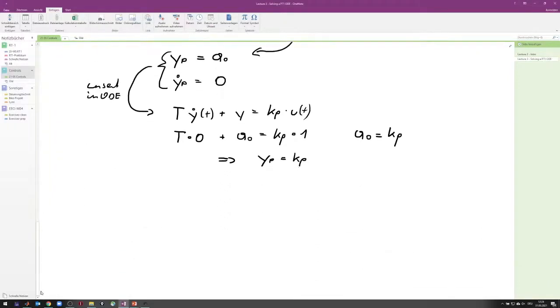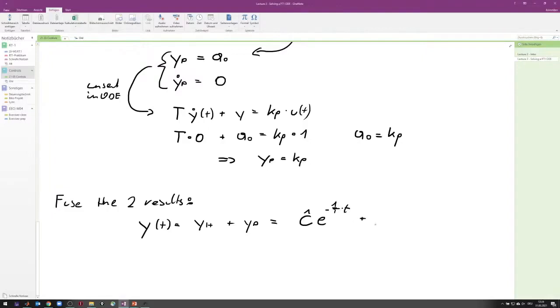Okay, so now we can fuse the two results. Because we know our y of t is equal to the homogeneous solution plus the particular solution, and now we have something like, I think I call it c hat e to the power of minus 1 over T times t, and then we have as particular solution Kp.